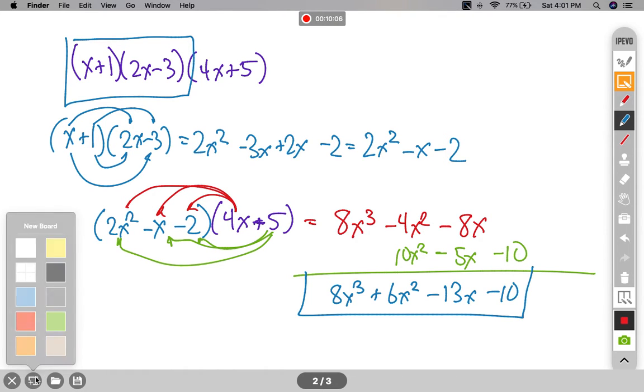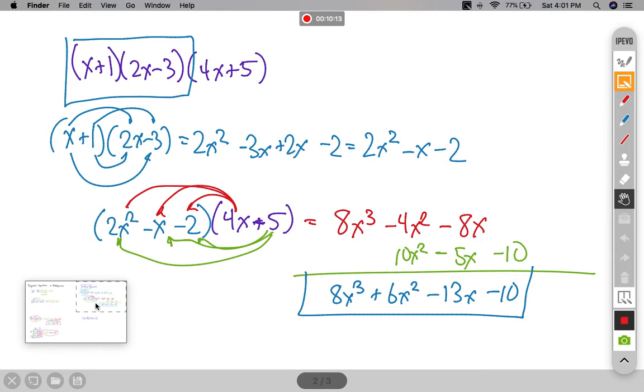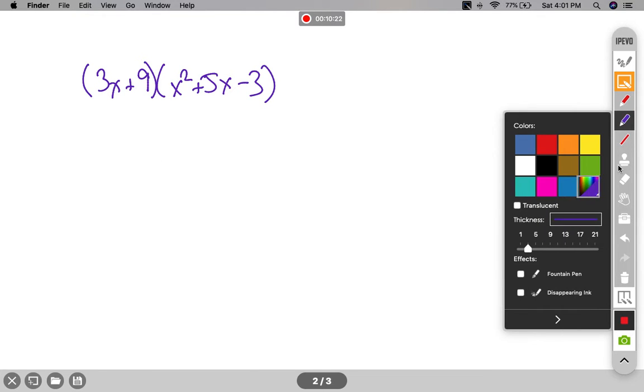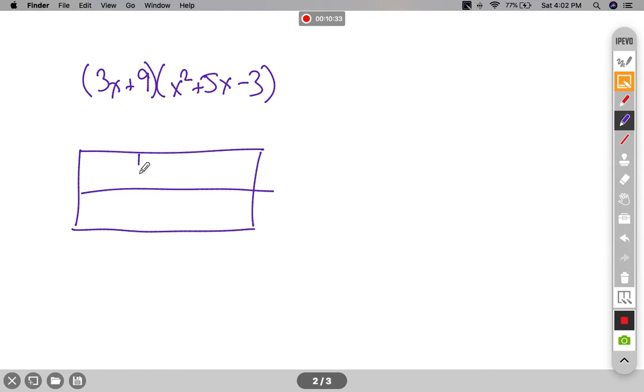I want to look at doing another problem like this where I have a binomial times a trinomial. So for my last example here, I'll do just that. I'm going to do this one with the box method to show that as well. So this time I have a 2 by 3. So when I make my box, I'm going to have a 2 on this side, 3x, 9.